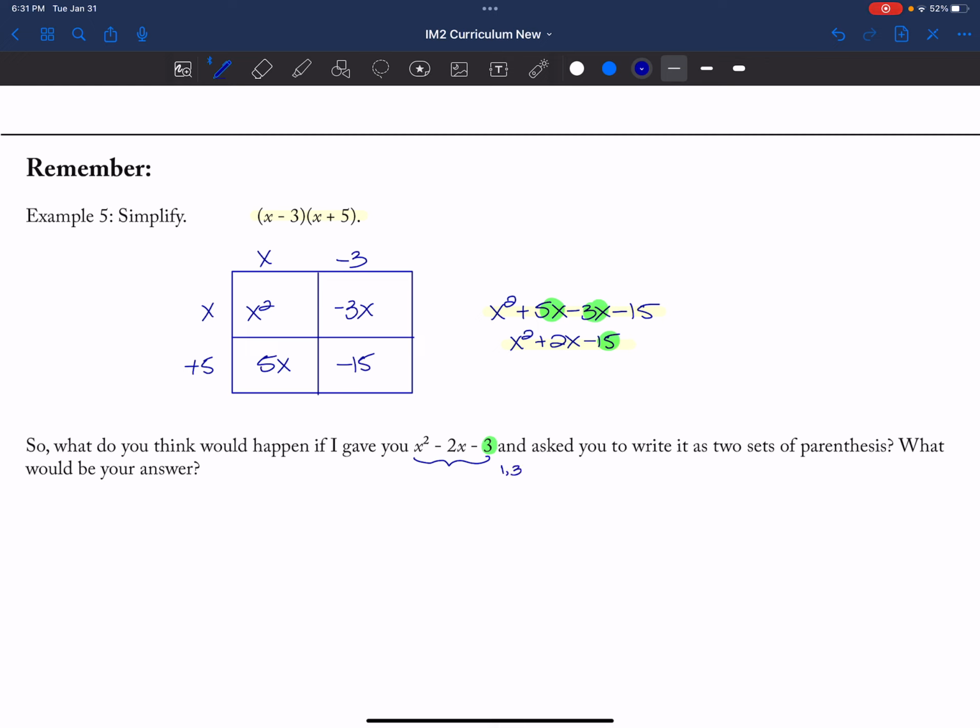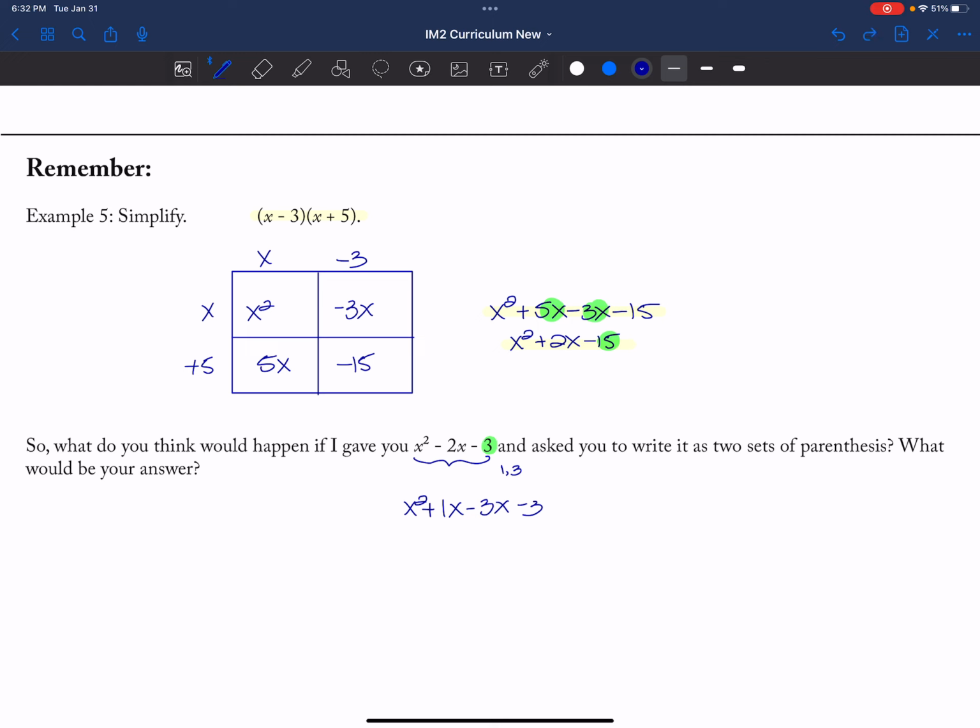And then I have to make a negative 2x here. So that would be an x squared. And then I have to do something with a 1x and something with a 3x and then a minus 3. Well, how do I get negative 2 in the middle here? I'd have to have a minus 3x and a plus 1x to give me a negative 2x in the middle.